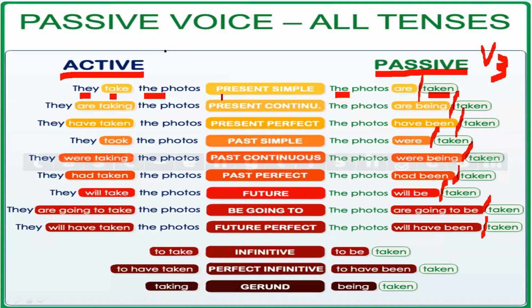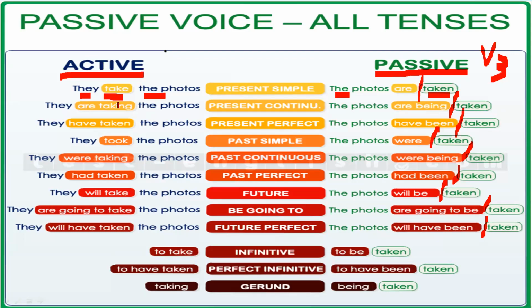And how to move this present simple tense to the passive form and express this tense with other words rather than the main verb? Why rather than the main verb? Because the main verb must always be written in the V3 form.